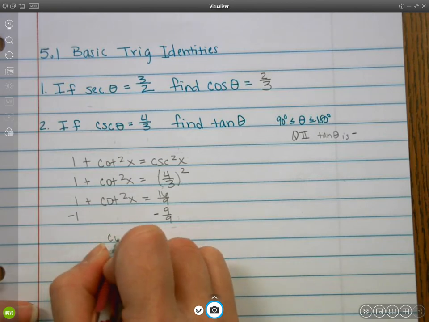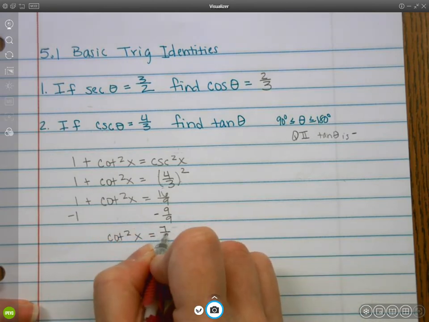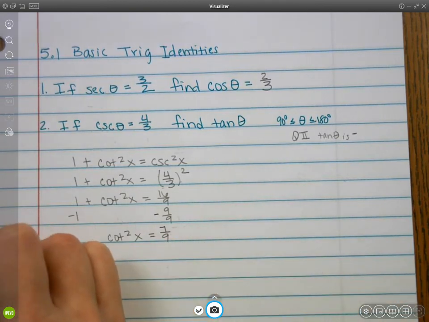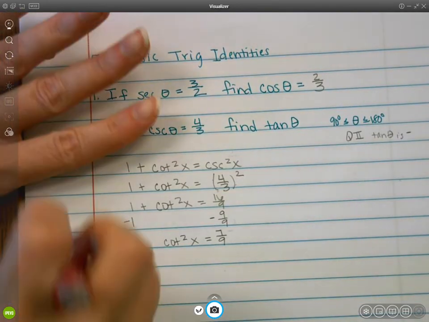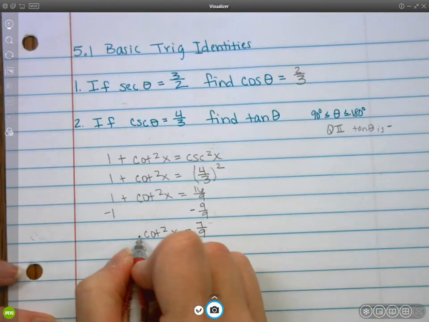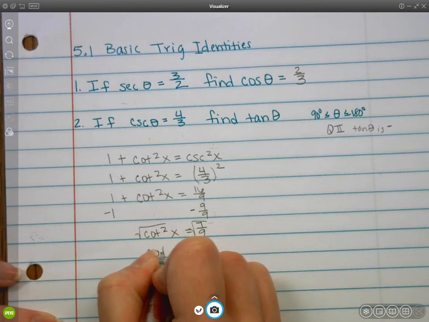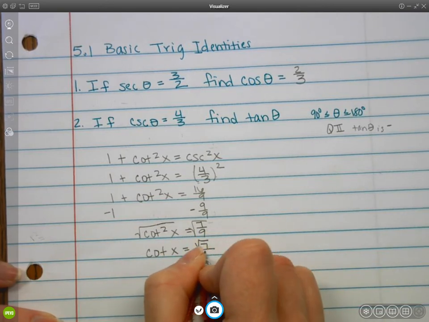So I get cotangent squared is equal to 7 ninths. If I told you that x squared was equal to 7 ninths, you would just take the square root of both sides. Same thing's going to happen here. We take the square root of both sides, and we get regular cotangent of x, and that's going to be the square root of 7 over 3.